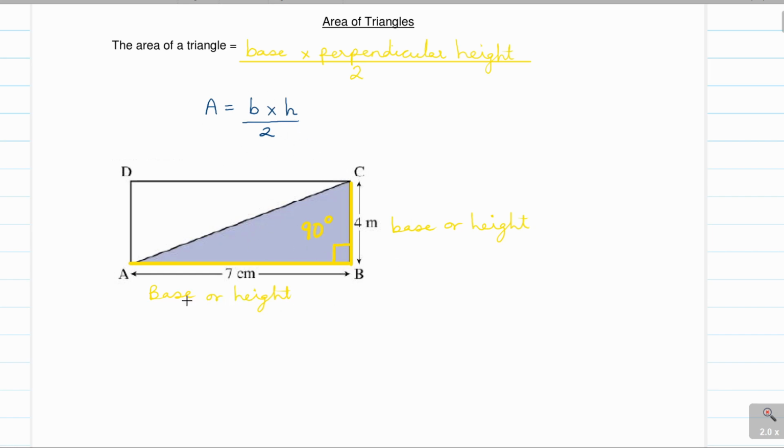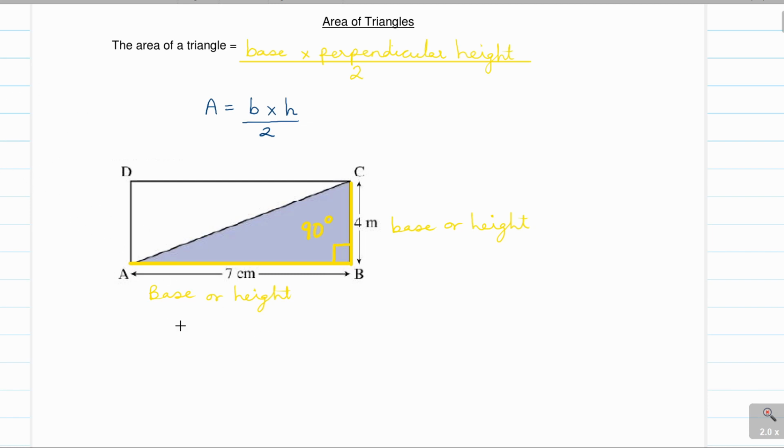Because if we just multiply the base by the perpendicular height, we would be getting the entire area of a rectangle or square. But because it's the area of the triangle we want, we're going to halve that. And that's how they came up with this base multiplied by height divided by 2. Now, it's not any old height, it needs to be a perpendicular height. And we'll look at some more examples below on the next page.